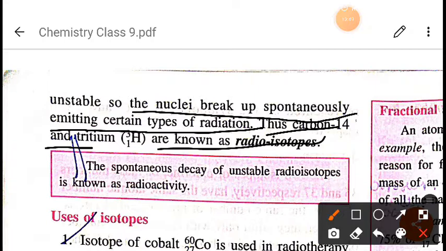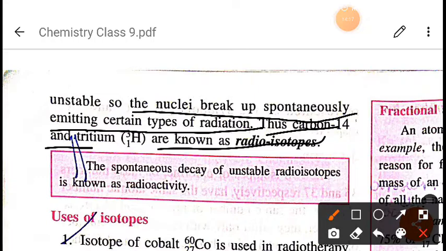As there are extra neutrons in their nuclei, this causes them to become unstable. So what will happen if it becomes unstable?